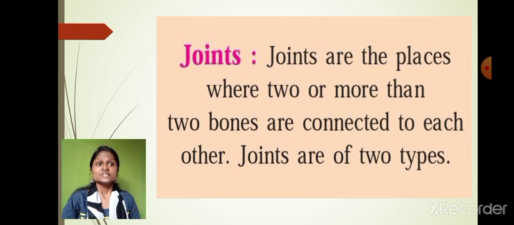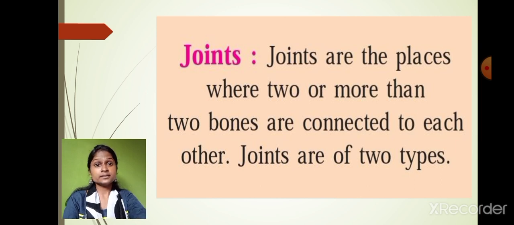There are certain places where two or more bones are connected together. The place where two or more bones are connected to each other, we call it what? Joints. So a joint is a place where two or more bones are connected to each other.